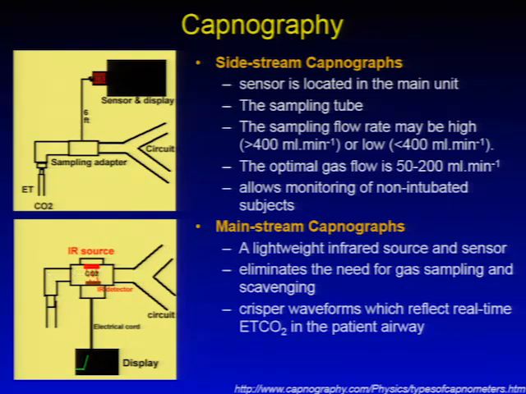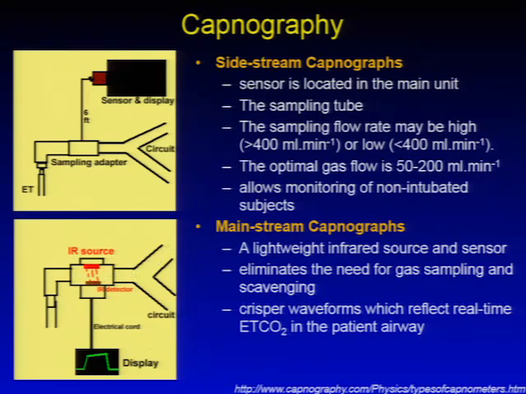So sidestream capnography has a sensor located in the main unit, and you have to get the sampling tube with the sampling flow of the gases, the speed of which is around 400 cc per minute. And then the optimal gas flow is 50 to 200 cc per minute, which allows the monitoring of the non-intubated subject.